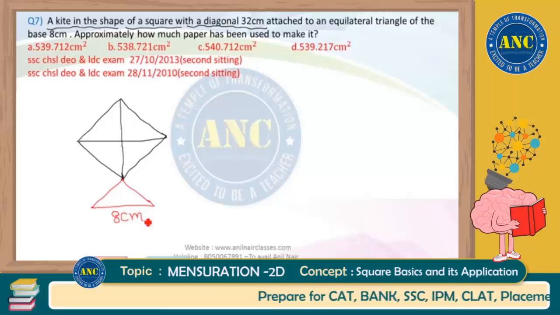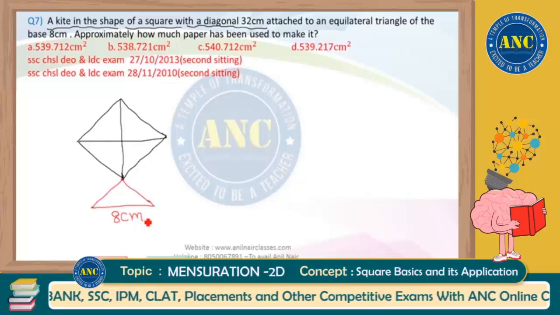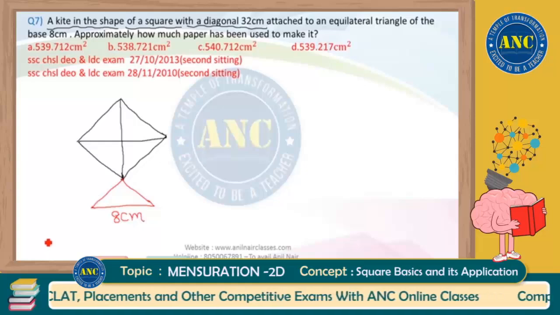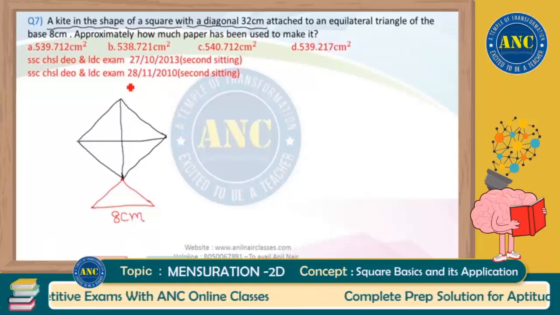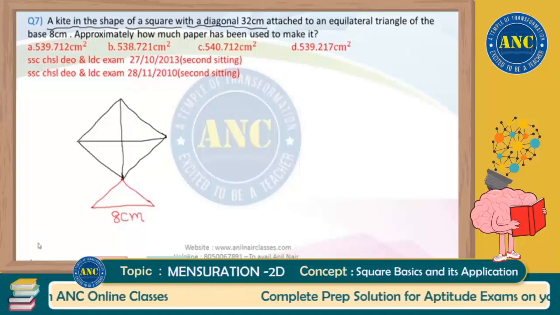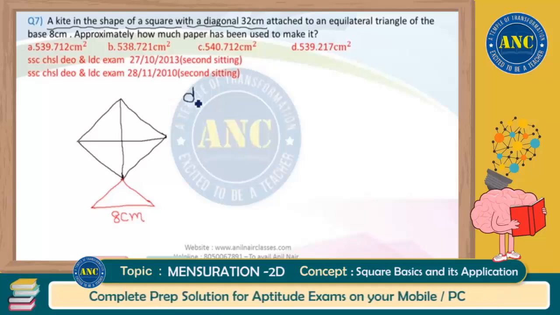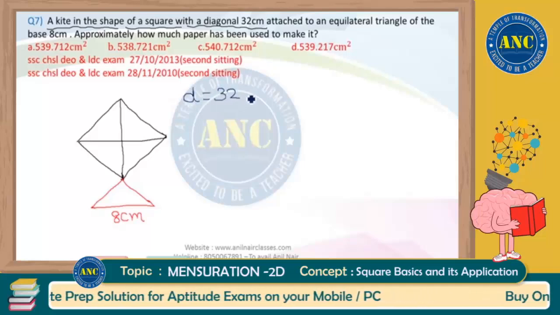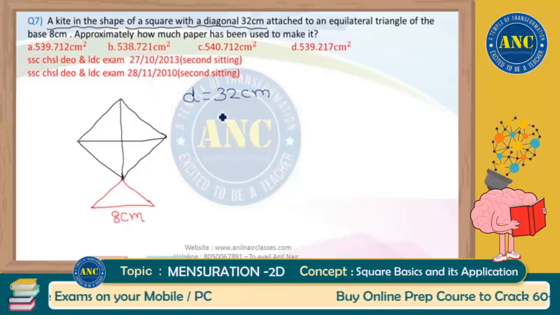Your question is approximately how much paper has been used to make that kite. In simple language, find the area of this entire diagram is the question. Now see here, sir. Can I say that the diagonal of this square is given as 32 centimeters and I want to find the area of this square.